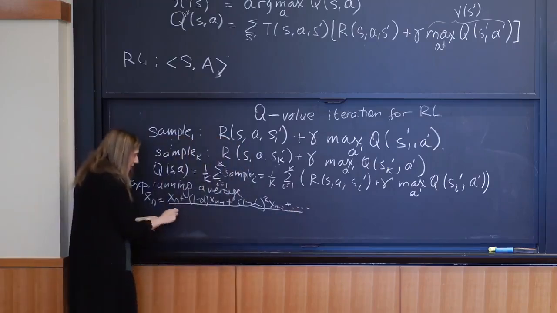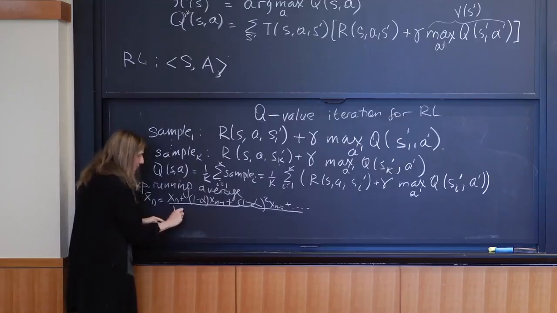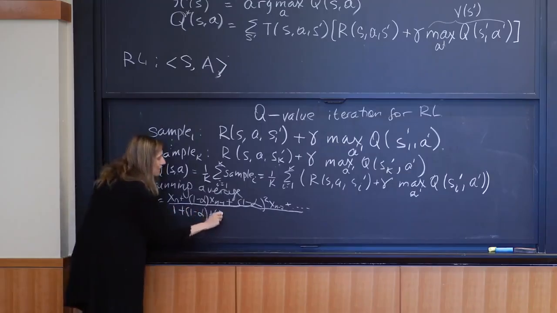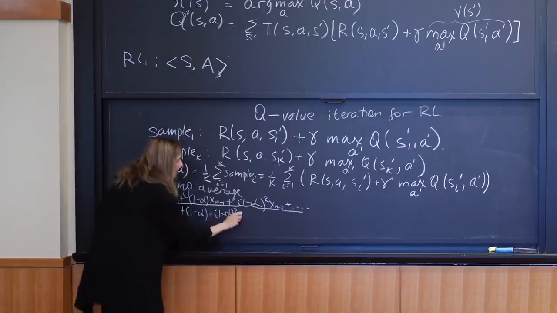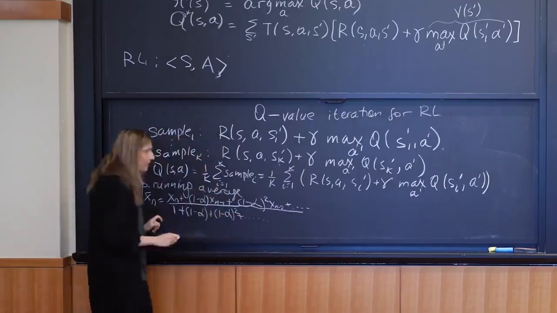And here we will normalize it by 1 plus (1 minus alpha) plus (1 minus alpha) squared plus and so on.